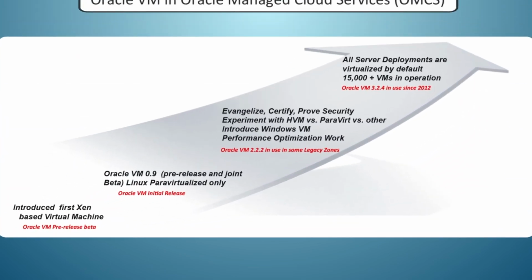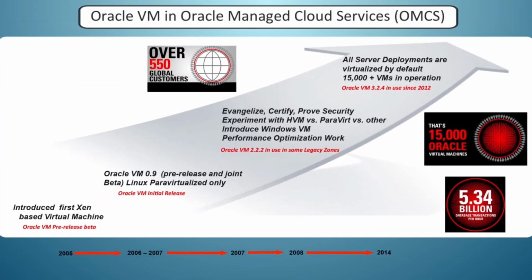In turn, from the customer-facing side, Oracle VM has been used in Oracle Managed Cloud Services. The team started using Oracle VM even before Oracle VM for x86 was announced before 2007. Today, it has been running in production to provide over 15,000 virtual machines to support over 550 global customers.